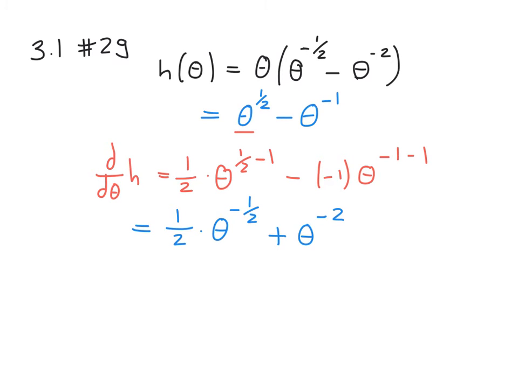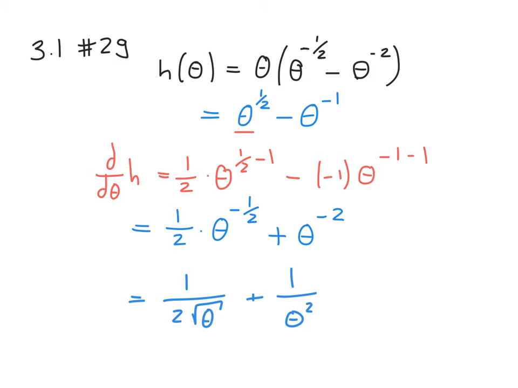And as before, this is a perfectly good form. But if you want, you can rewrite this a little bit. Theta to the minus 1/2 is 1 over theta to the 1/2, and theta to the 1/2 is the square root of theta, so we could rewrite this as 1 over 2 square root theta plus 1 over theta squared.